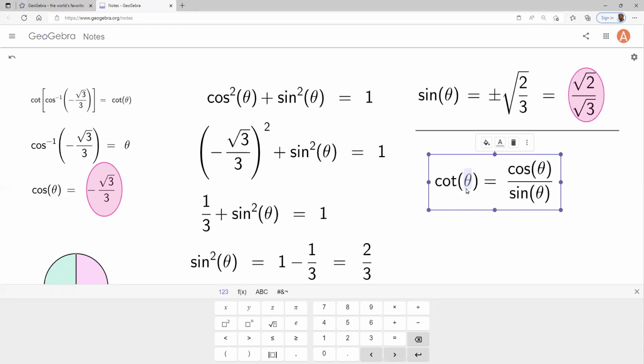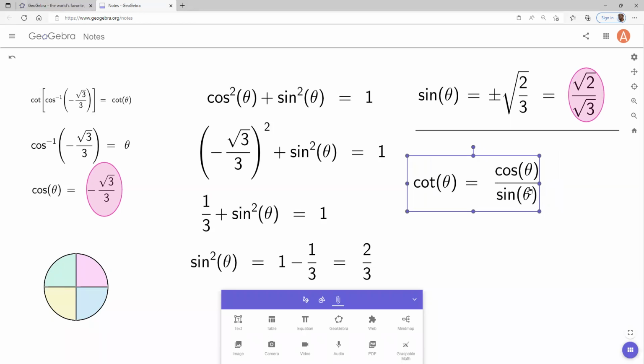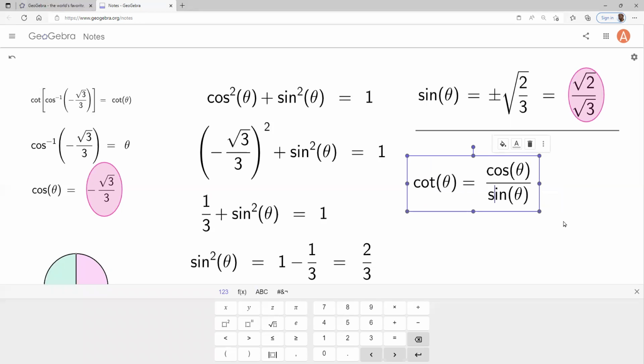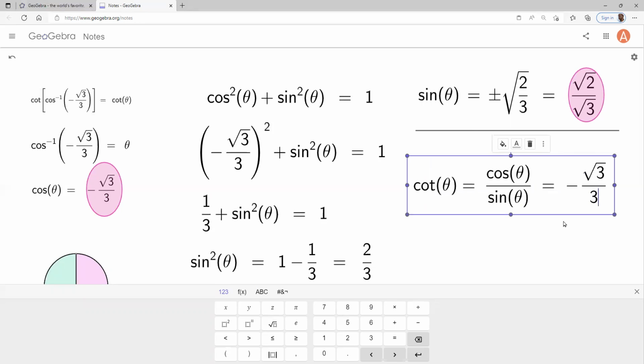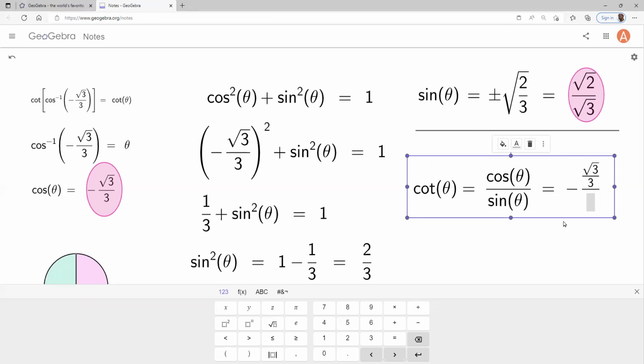Okay, now I know most of the things. I know cosine theta. Actually, I know everything I need to know. Cosine theta is negative square root of 3 divided by 3. And I'm going to put my minus sign here just to be consistent. It really doesn't matter for this problem, but I put it there.